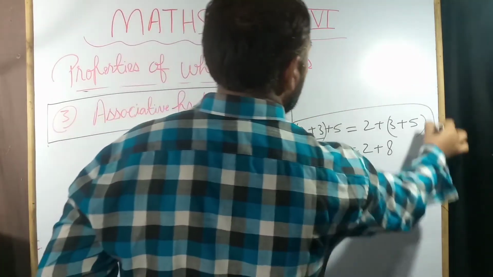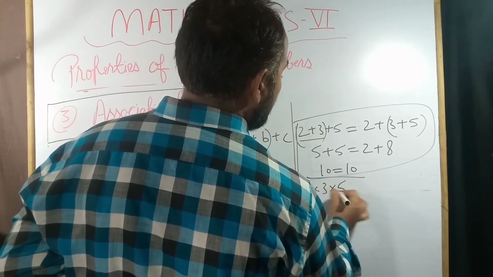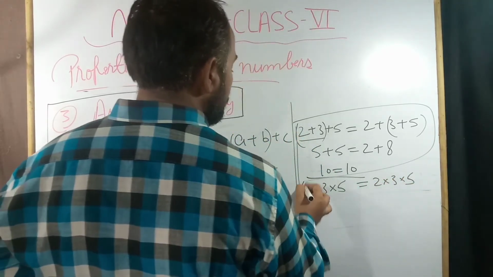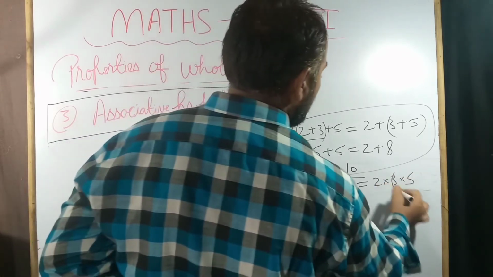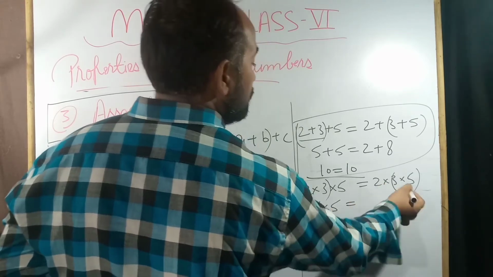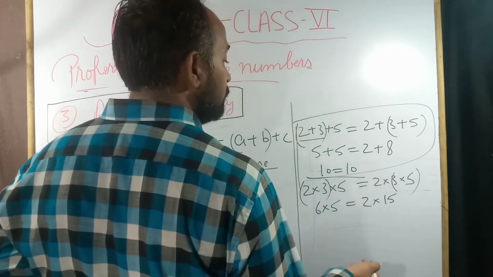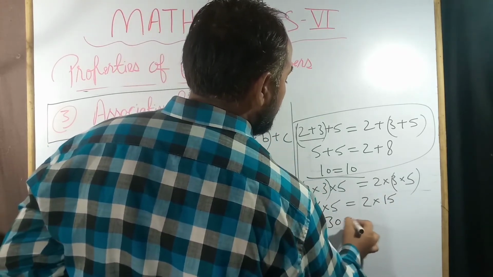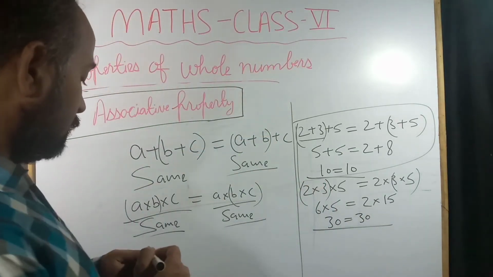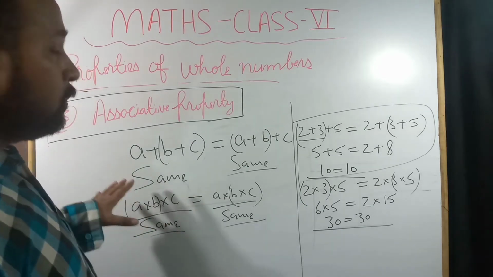It is proved. Now in the case of multiplication, I'm taking the same numbers, 2 multiply 3 multiply 5. You can make a pair 2 into 3, or 3 into 5. Here 2 into 3 is 6, multiply 5 is 30. Here 3 multiply 5 is 15, multiplied by 2 is 30. So it is proved. In all the cases the answer will be the same. So clear this property.